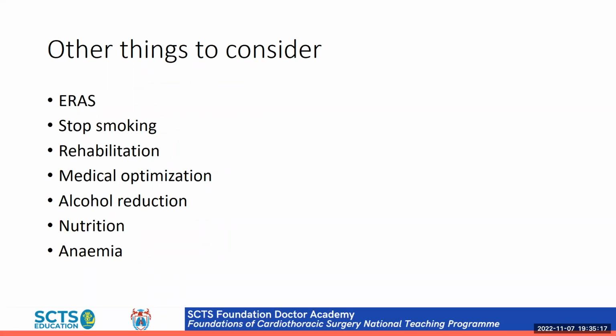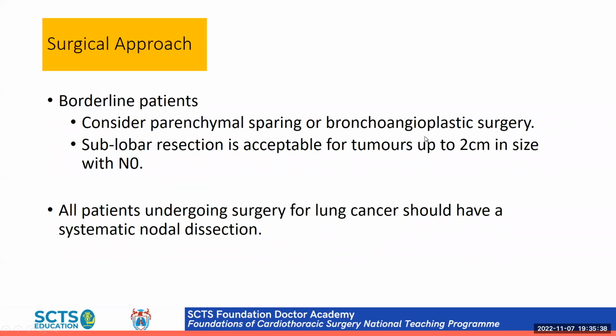Nutrition is also important. So patients who have low albumin might benefit from having extra nutritional supplements prior to their operation. Anemia can also be corrected through iron infusions prior to the operation. And so all of these things you have to look at whenever you are assessing a patient for thoracic surgery.